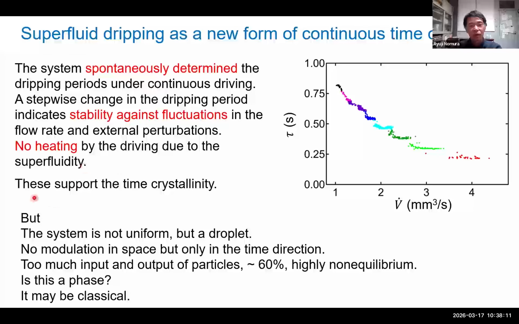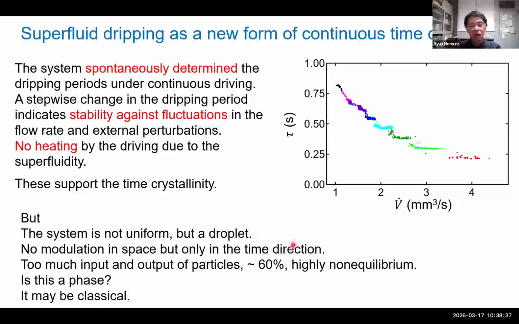So this supports the idea that the superfluid dripping can be viewed as a time crystal or an analogous system of the time crystal. But I have some concerns. My concern is that the system is not uniform, but it's a droplet. And they have no modulation in space, but only in the time direction we have a modulation.